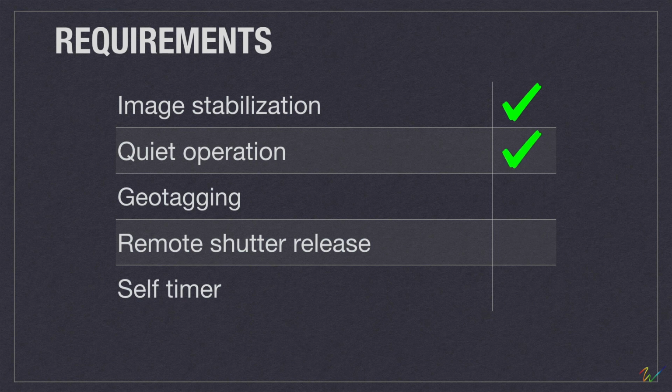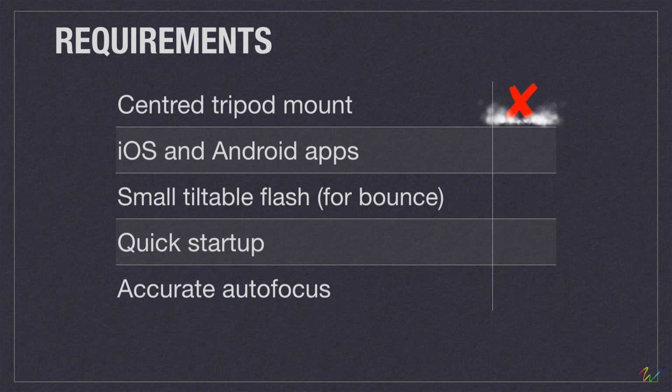I can run the camera quietly, no one can hear me. But the major usability issue is the fact that there is no geotagging. I have to use another system to get around and do my geotagging. I have remote shutter release and a self-timer. The tripod mount is not centered under the lens, but that's a minor usability issue because I can work around that with a bracket. There are iOS and Android apps.